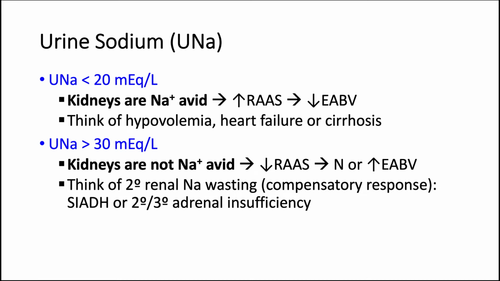SIADH and secondary and tertiary adrenal insufficiency, which means problems with your pituitary and your hypothalamus, where they cannot release ACTH or CRH to produce cortisol in the adrenal gland. Now, let's explain this in a little bit more detail.